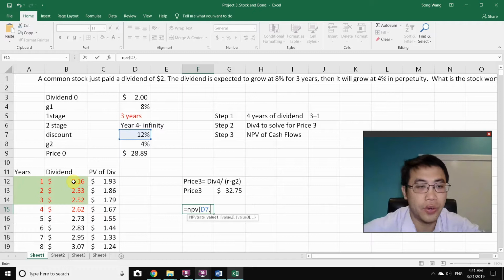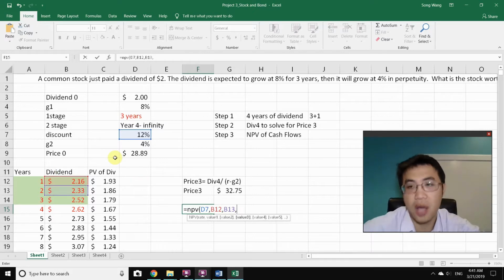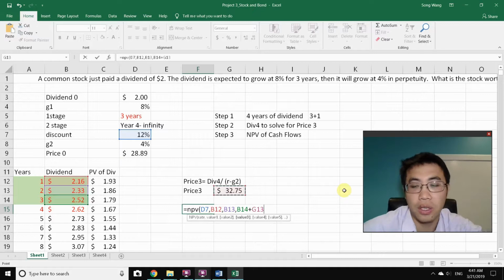If you hold it for 3 years, you're gonna receive dividend 1. That's your cash flow after 1 year. Dividend 2, that's your cash after 2 years. But after 3 years, you're gonna sell the stock, right? When you sell the stock, you're not only getting the dividend 3, but also the price of the stock 3 years later, which is $32.75.